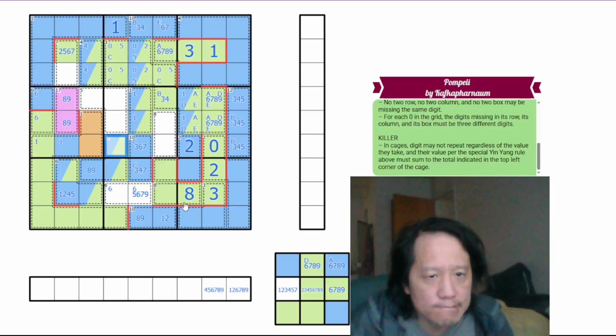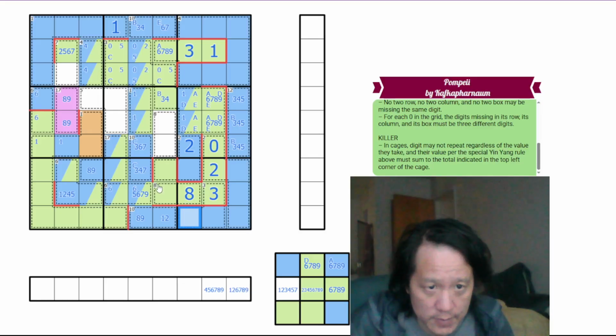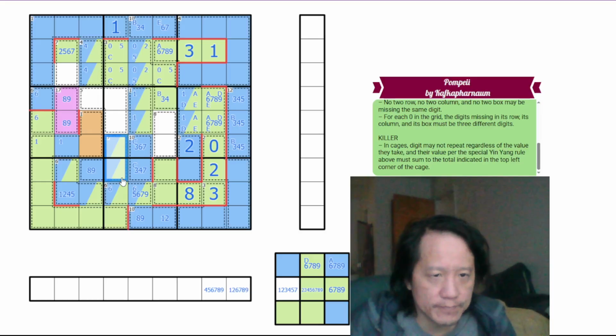What are we missing in column? So this is a blue-green pair also. We know 6 is there. One of these is 8 or 9, but we don't know which.